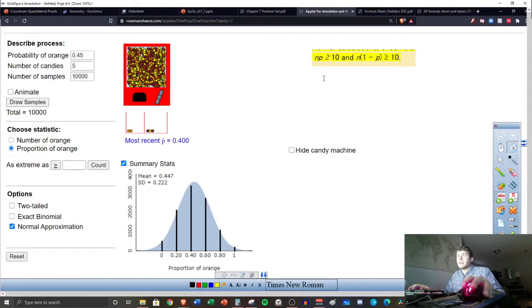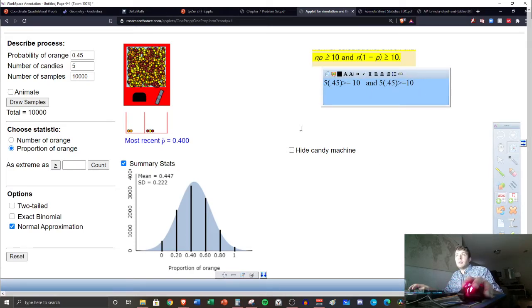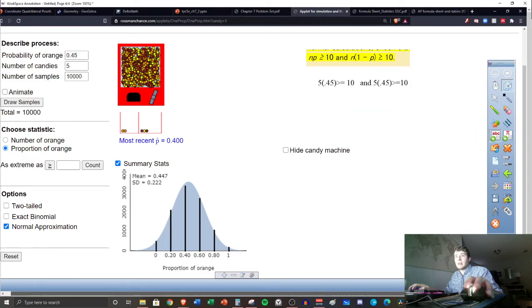So now when we try to do this, is 5 times 0.45 greater than or equal to 10? I just want to be clear that I want you writing both examples of this.